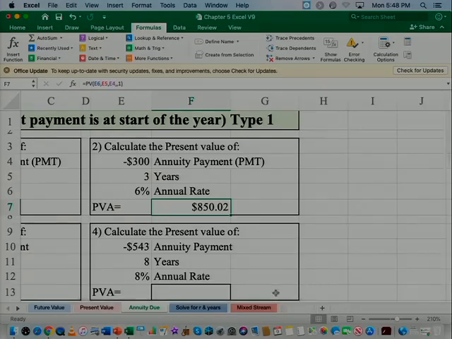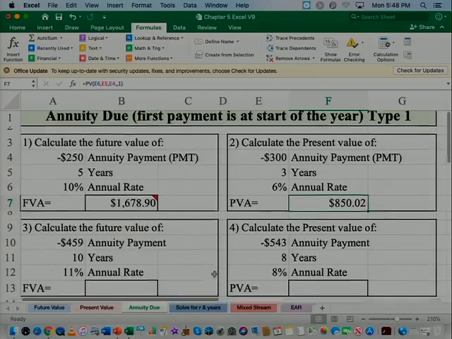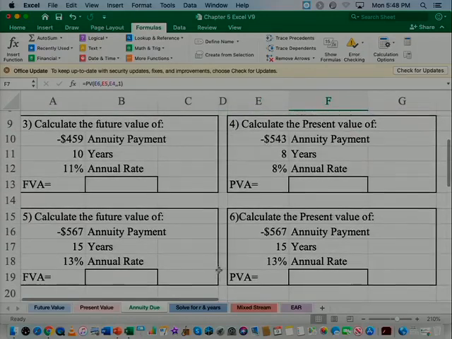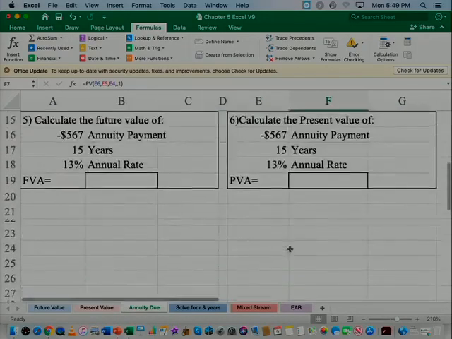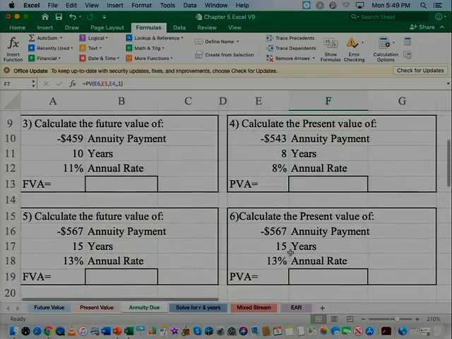Okay. Now, the rest of the problems on this page are try problems 3 through 5. So you have 2 future values and 2 present values. Try this at your own pace just to cement this in. What's great about this spreadsheet and you creating these formulas is that you can reuse them on the homework or the exam.